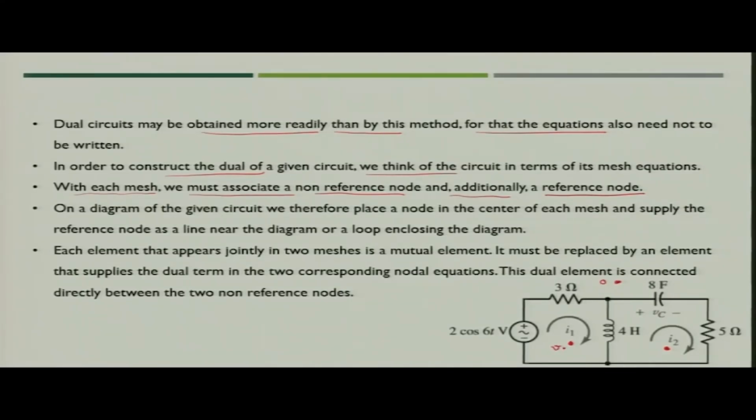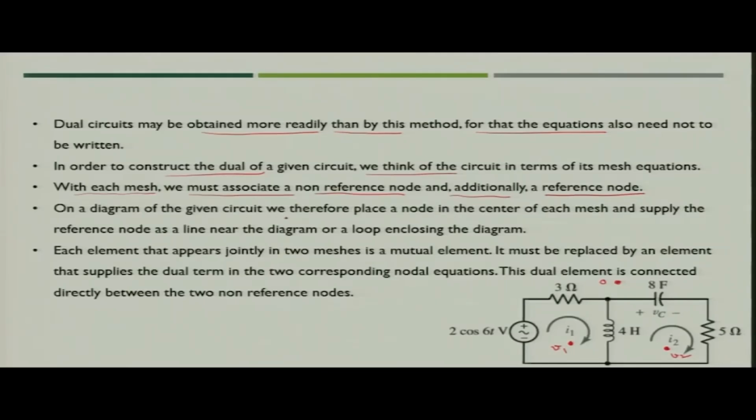So, let us say the voltages are V 1 and V 2. By inspection also you can say that there would be two non reference nodes, because there are two meshes being constructed, plus you need to additionally have one reference node.